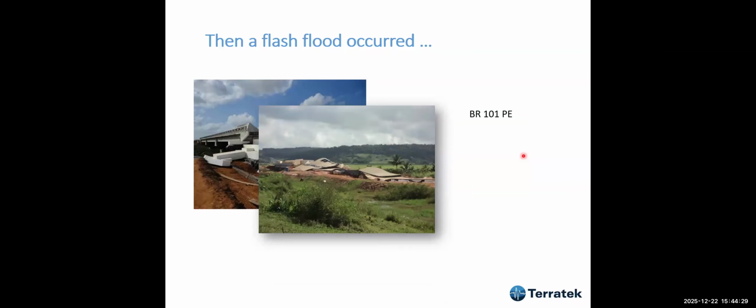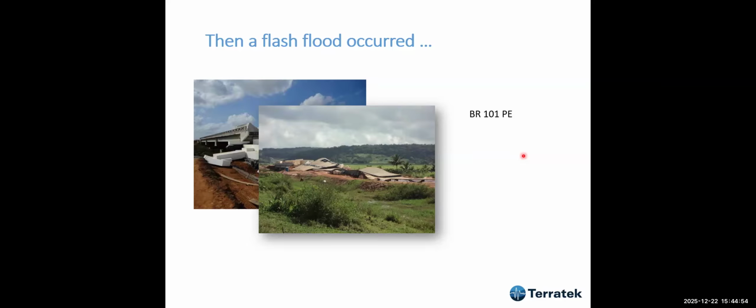But later on, some 6 months later, there was a football game on one side of this bridge, and people had to cross the bridge to go to the football game. And by the time they reached the football stadium, there was a big rainfall, a catastrophic rainfall, and there was a flood.